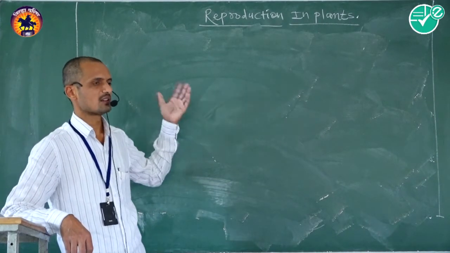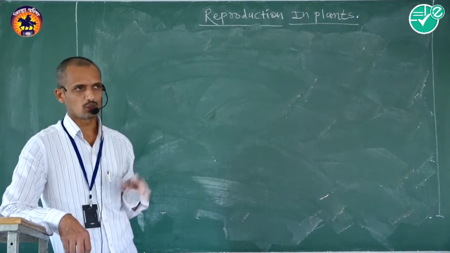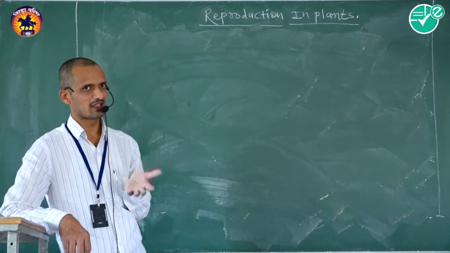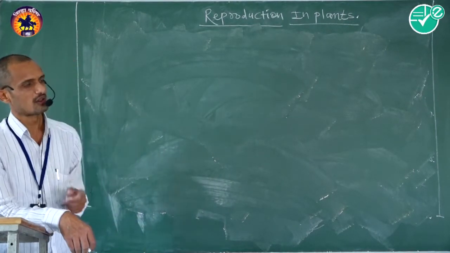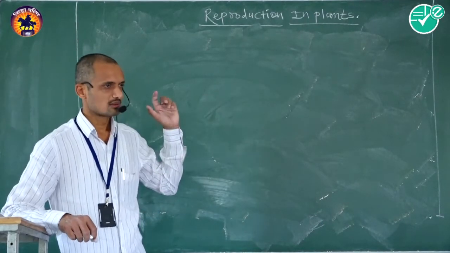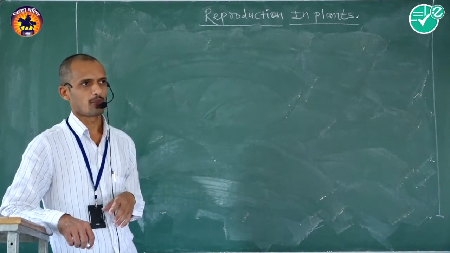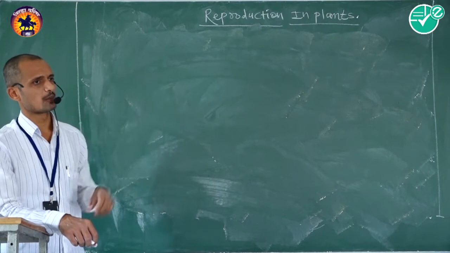Disadvantages: disease resistance capacity becomes less, tolerance ability becomes less, yield becomes less in this type of pollination, that is self-pollination. That is the demerits of self-pollination.